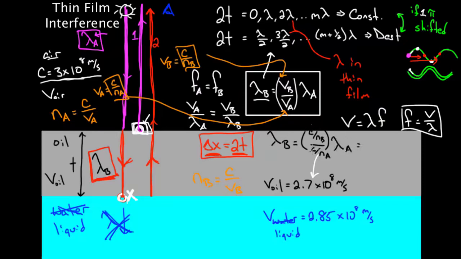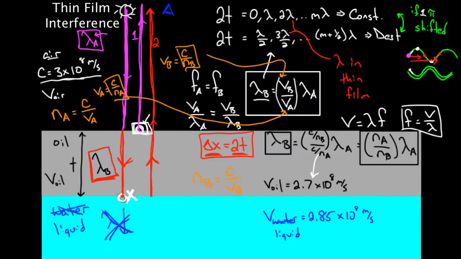The C's cancel, and then 1 over NB divided by 1 over NA just gives me NA over NB times lambda in the air. So here's another condition, another way to find it. This would also equal the wavelength in the oil or the thin film.